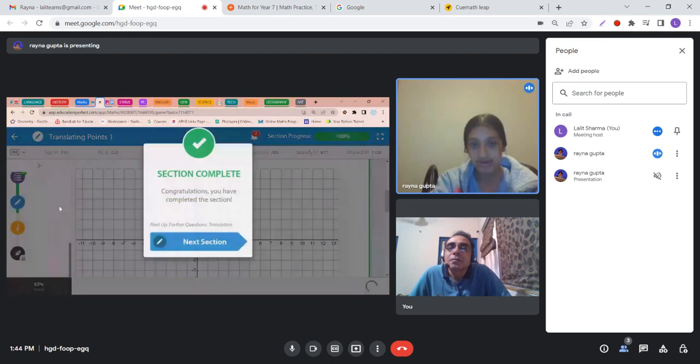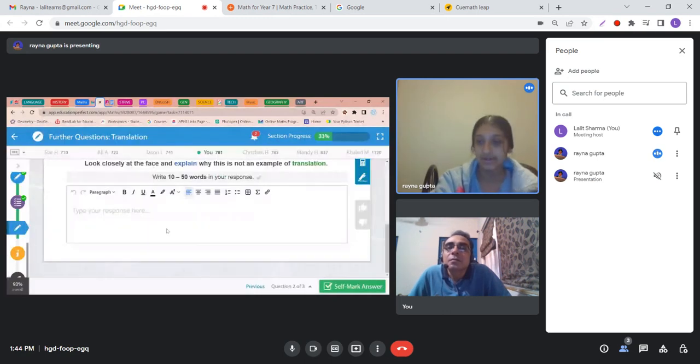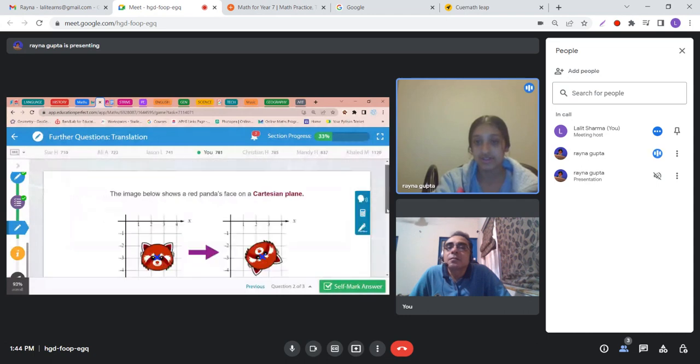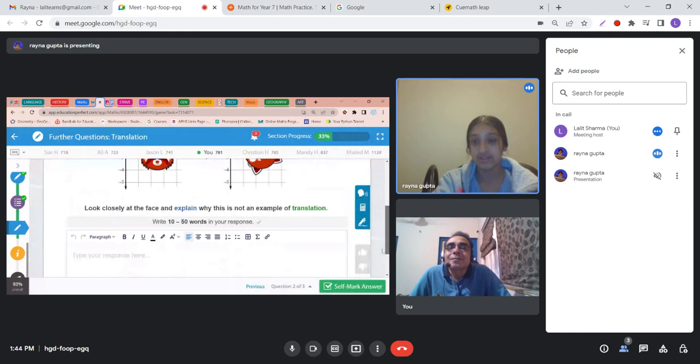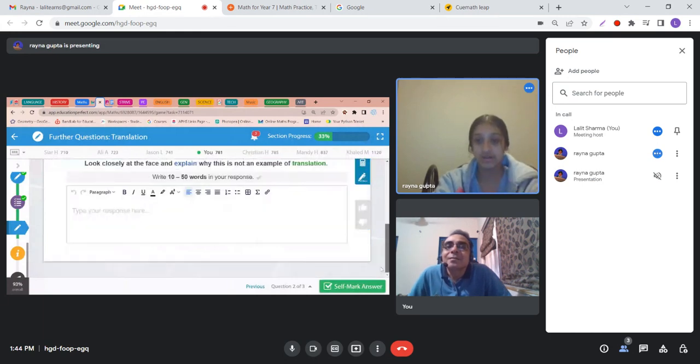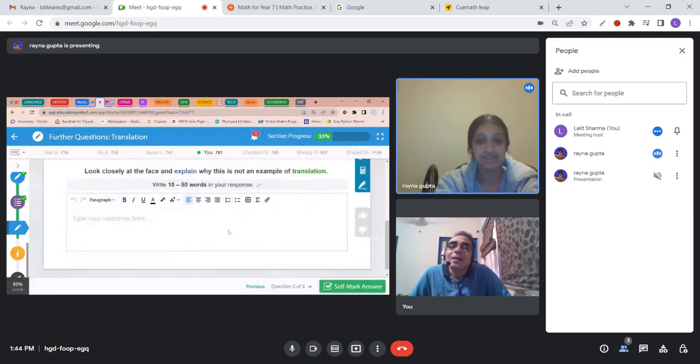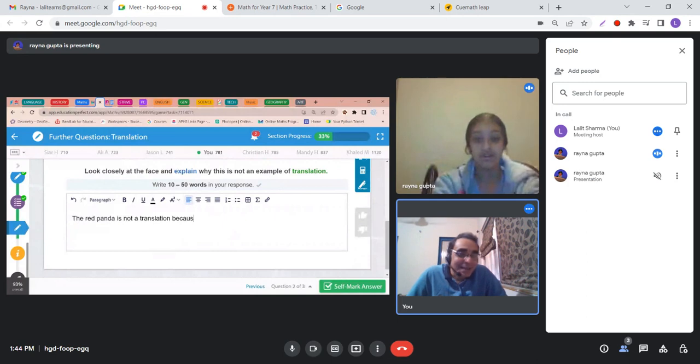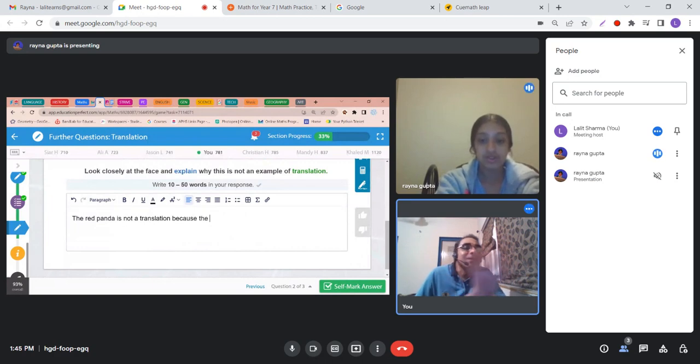So here's another question. The image shows a red panda. Is it a translation? It's not. It slides and then it is turning through an angle, isn't it? The image is rotating through an angle. So, translation is basically across the four quadrants, but it does not rotate.